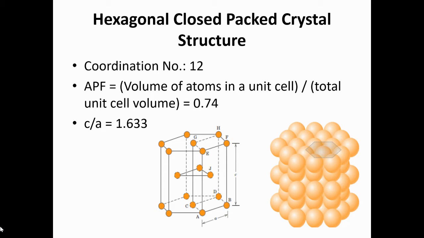The equivalent of 6 atoms is contained in each unit cell. That is 1/6 of each of the 12 top and bottom face corner atoms, 1/2 of each of the 2 center face atoms, and all 3 midplane interior atoms.